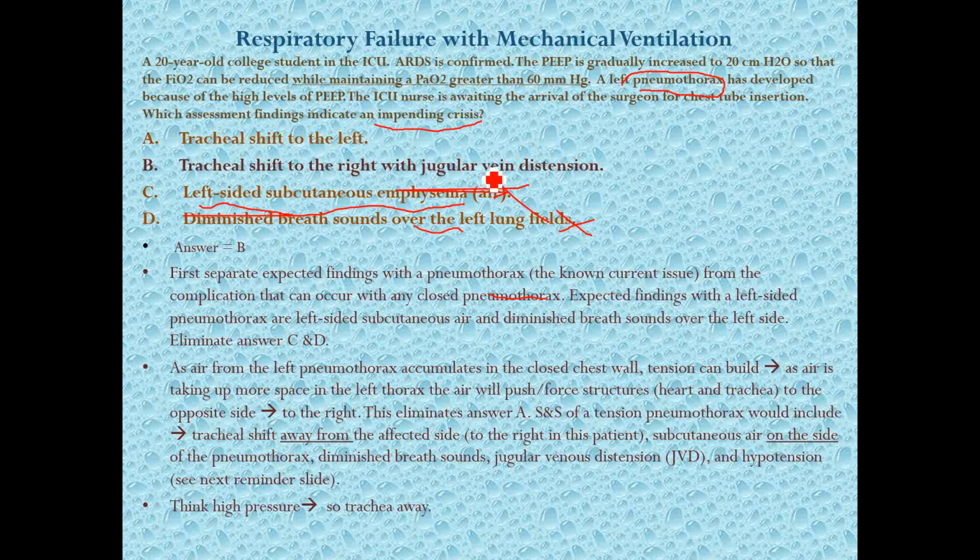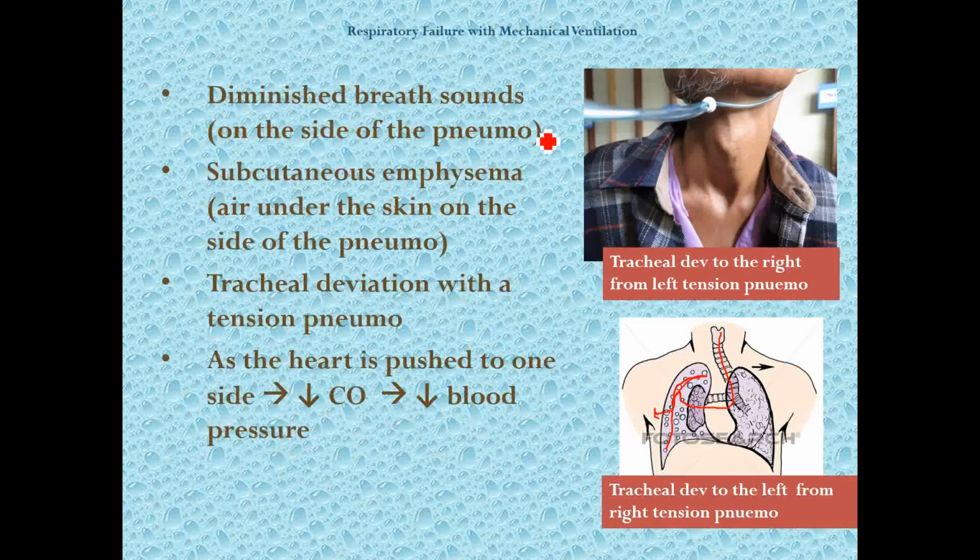So what is the one that is about an impending crisis? That is this answer here. That is the tracheal shift, answer B. Tracheal shift to the right. Let me go back to the picture so I can show you.